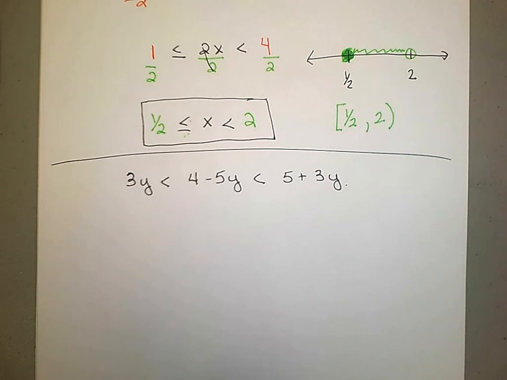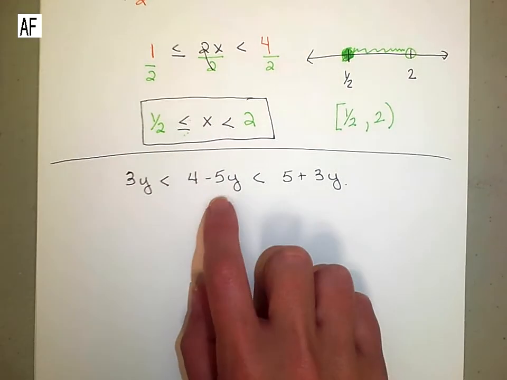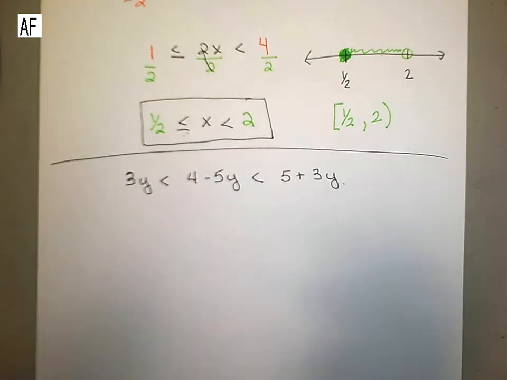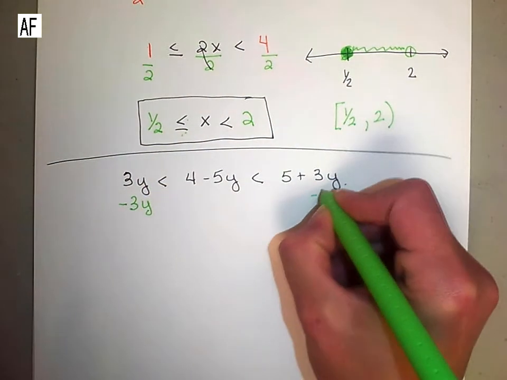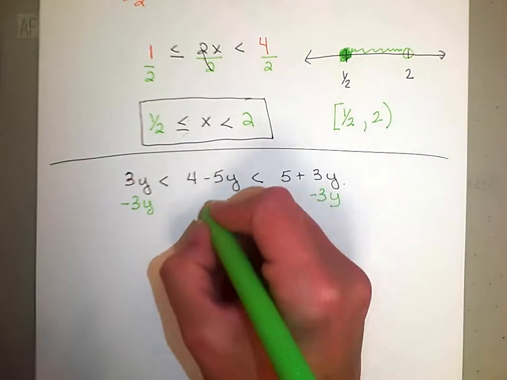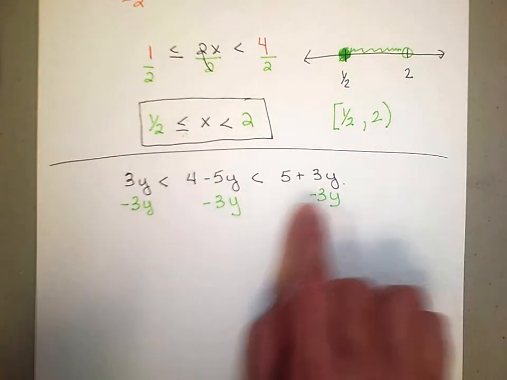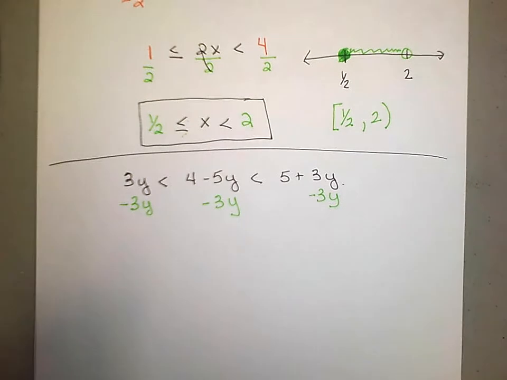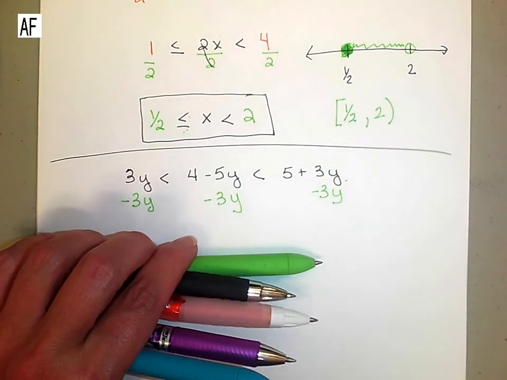Okay. We want the variable to be in the middle. So I'm going to try and move all of these over. So if I subtract 3y, I can subtract 3y, and I can subtract 3y. We're lucky that these are the same 3y values. They will help us.